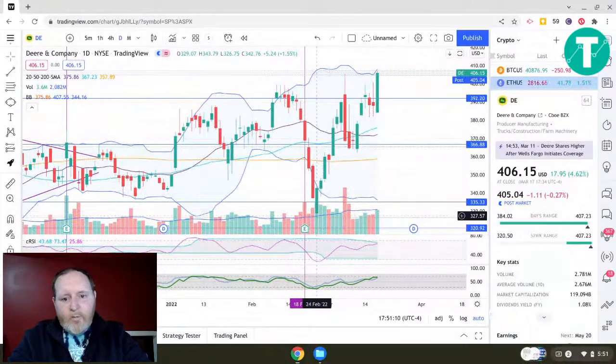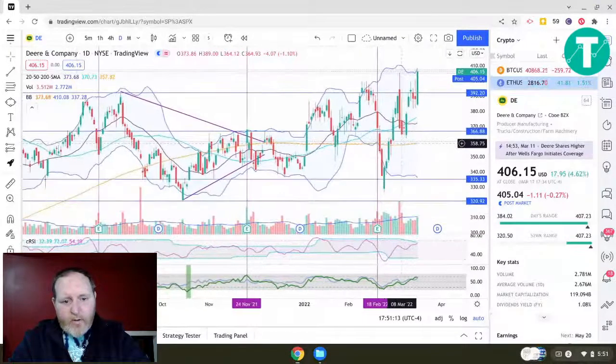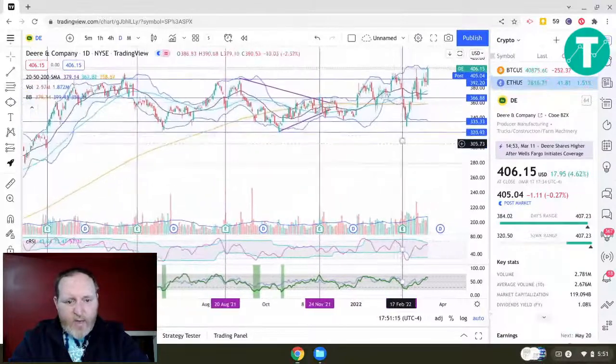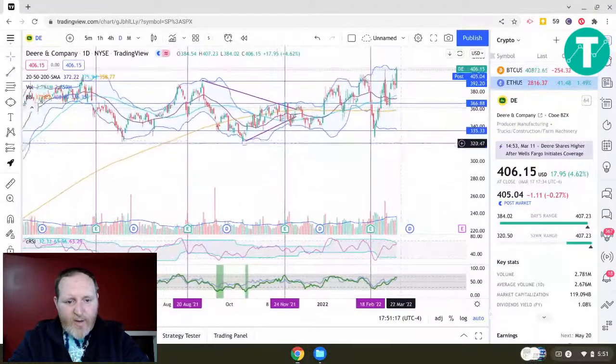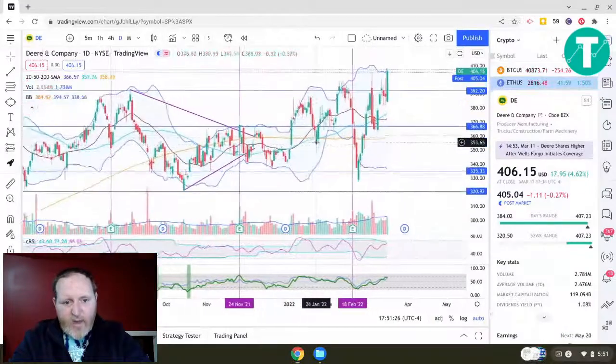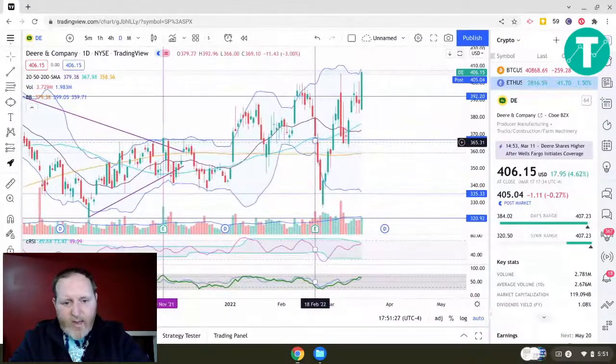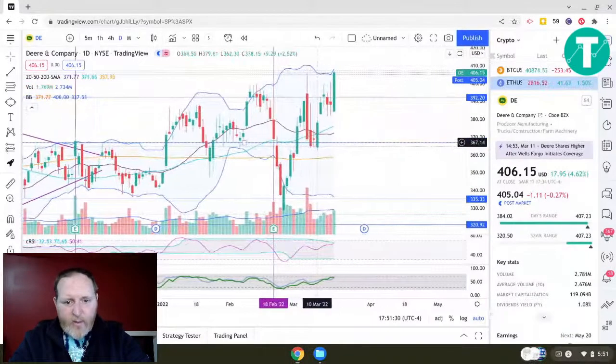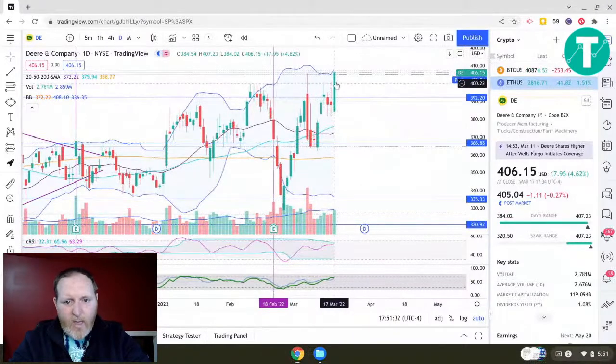But notice, okay, we've got our Bollinger Bands on here, which is what these earthworm looking things are on the bottom and top of the price action, these blue lines, right? These are our Bollinger Bands, and they kind of show you where things are headed and where resistance could be. And we're right here at the top of the Bollinger Band.